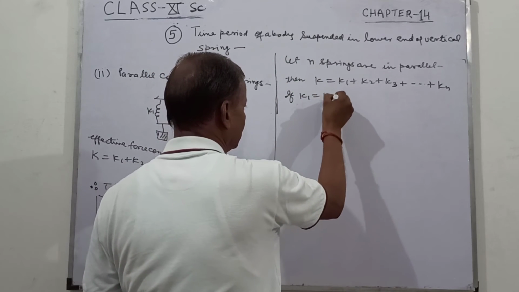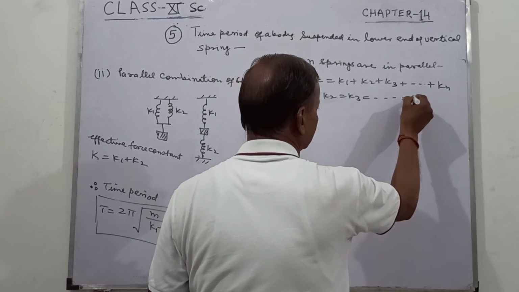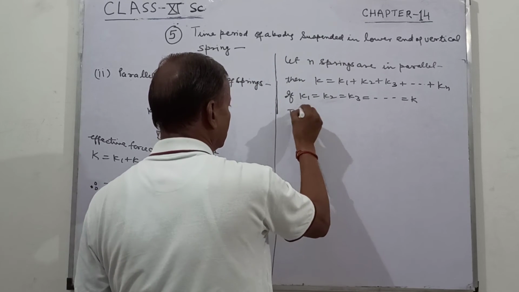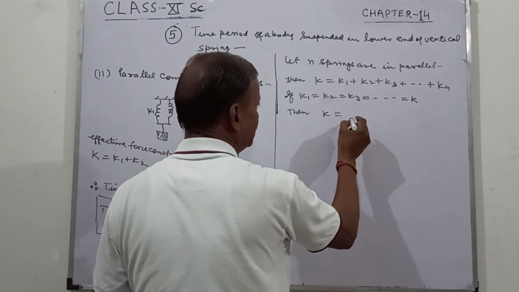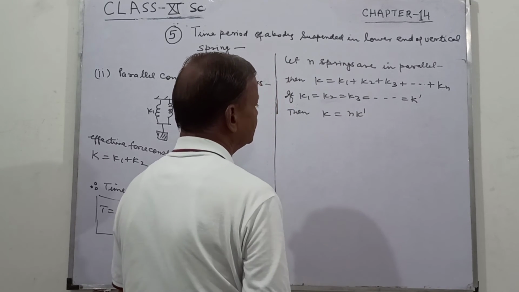If K1 equal to K2 equal to K3 equal to and so on equal to K, then K dash equal to nK.